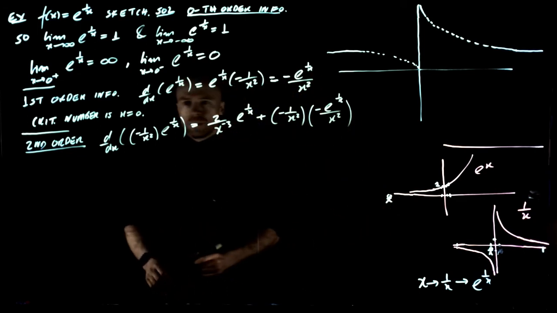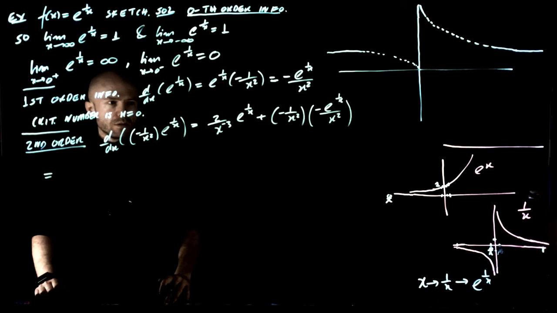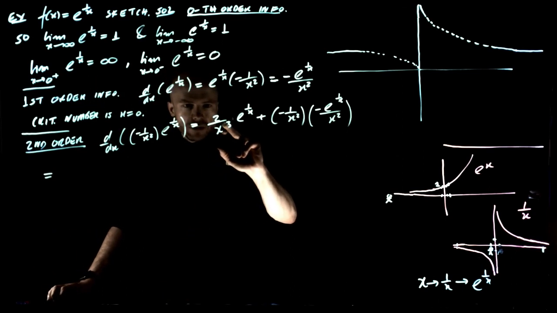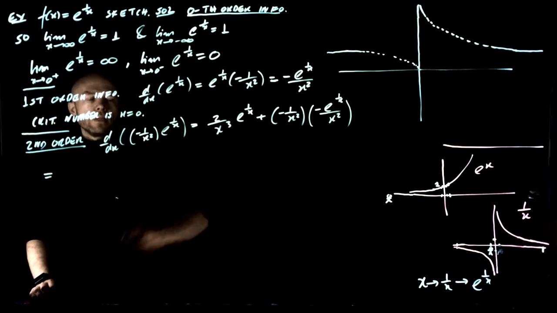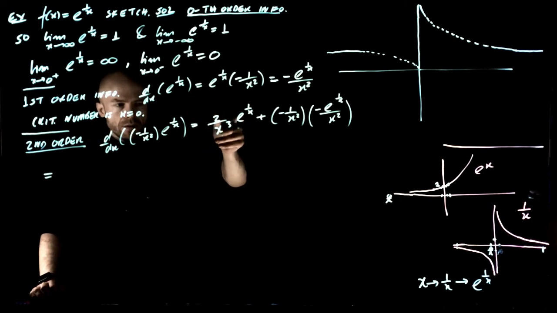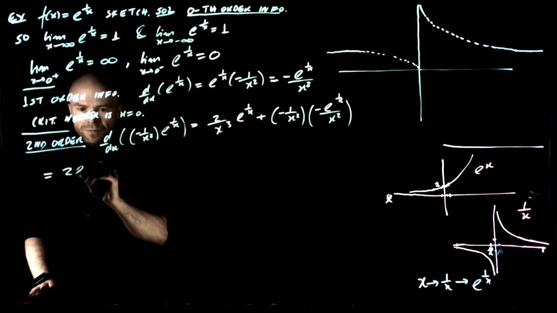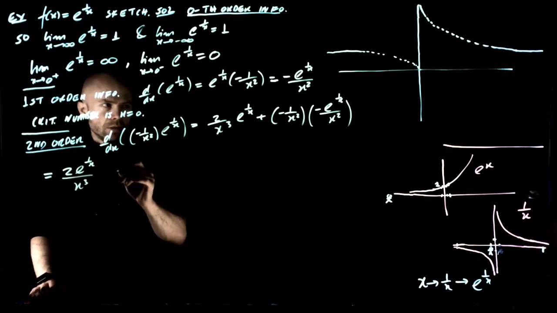Okay, let's clean up that expression. So we have, oh, it's not minus, this is x to the 3. So it's 2x to the minus 3. So if I put x down here, then it's going to be x to the power 3. So let's clean that up. So there's 2 e to the 1 over x over x to the 3.